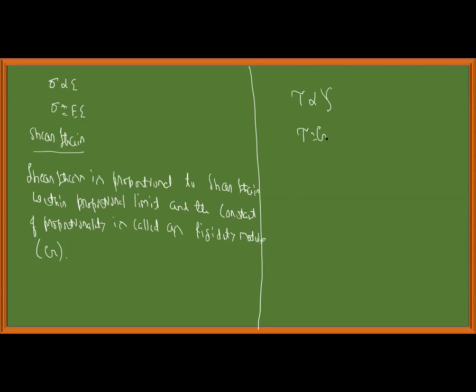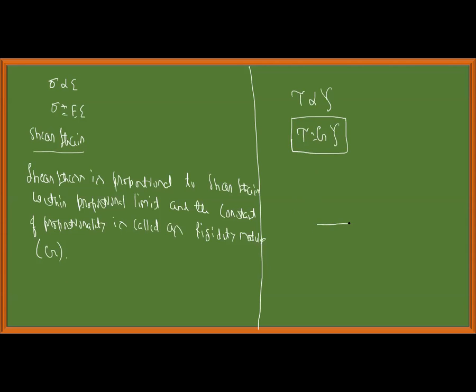When I remove the constant of proportionality, I will get rigidity modulus, or tau is equal to G into gamma. Shear stress is proportional to shear strain within proportional limit. If I remove the constant of proportionality, I will get the rigidity modulus G. So what is meant by shear strain?